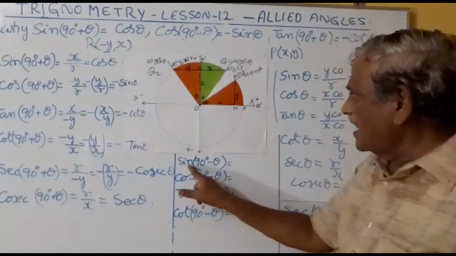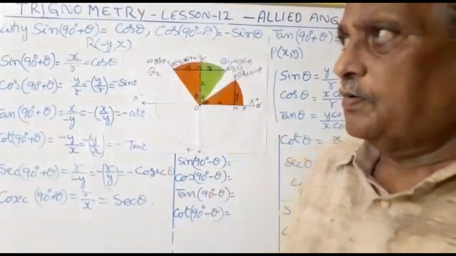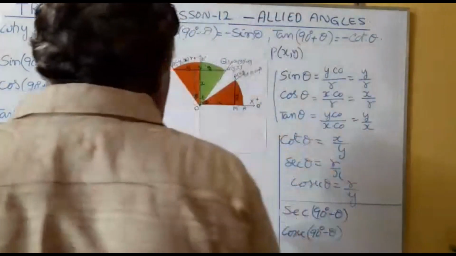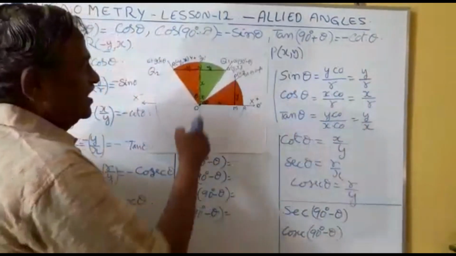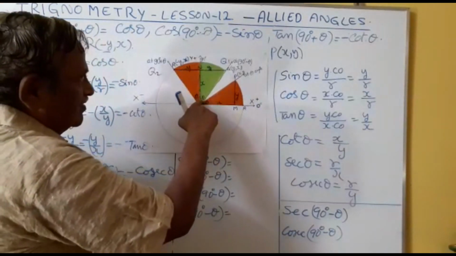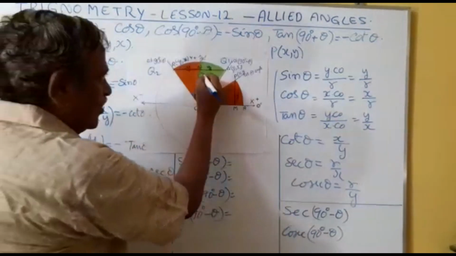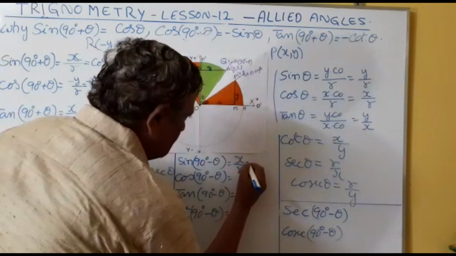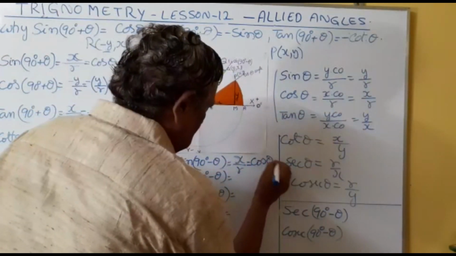Here sin 90 minus theta equal to, what is the definition of sine? Sine definition is y coordinate by radius. X coordinate is horizontal, y coordinate is vertical. Y coordinate is x, so x by r, but x by r is cos theta.